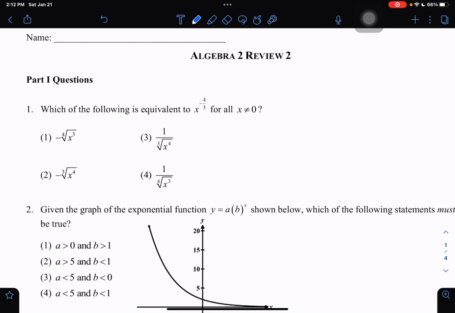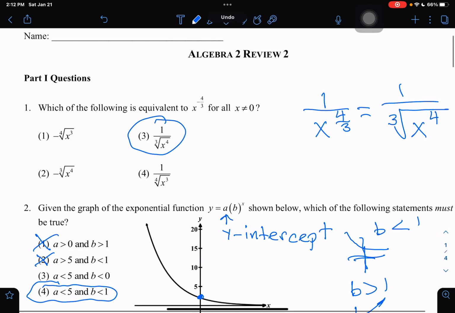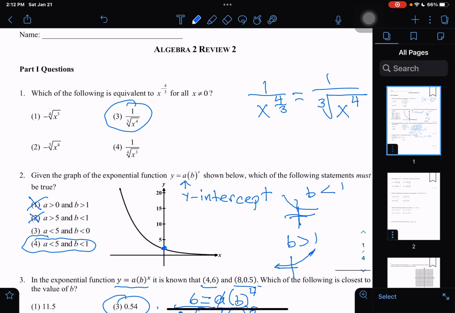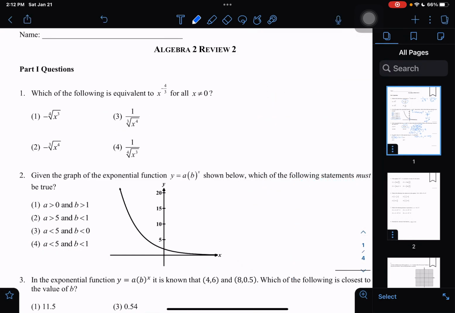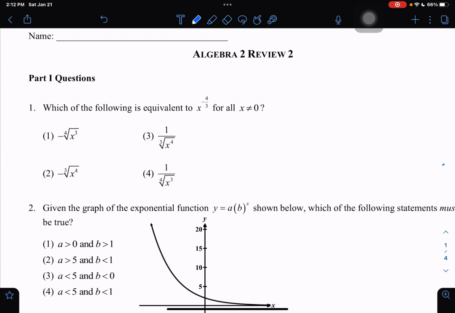So number 1 is x to the negative 4/3 power. To get rid of that negative, we have to rewrite it as a reciprocal. Alright, so this becomes 1 over x to the 4/3 power.